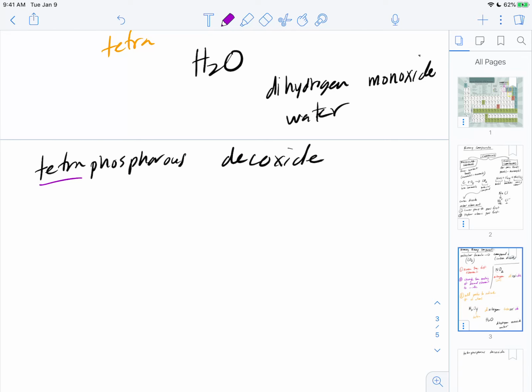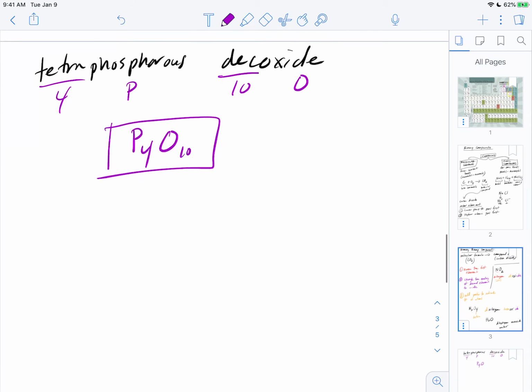So I see tetra, I know this is 4. I see dec, I know this is 10. And this is phosphorus, and this is oxygen. So then I'm just going to write tetra, so I have P4, and then oxygen, I have 10. So that's a little bit easier.